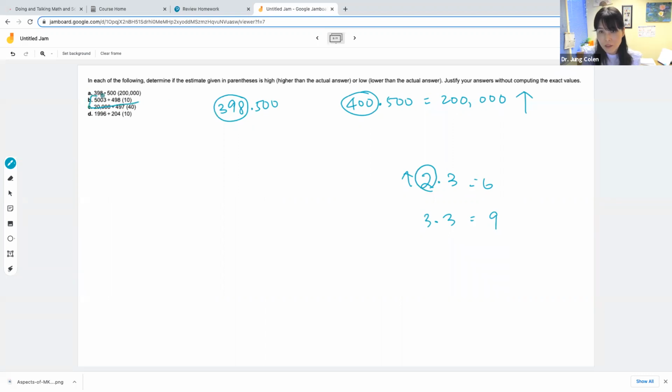Now let's think about this one. Okay, division. When you're thinking about division, so let's say something like A divided by B. If you are increasing the dividend, what happens? The quotient will increase too, right? Because you have original number, big number, but you're distributing in the same amount.